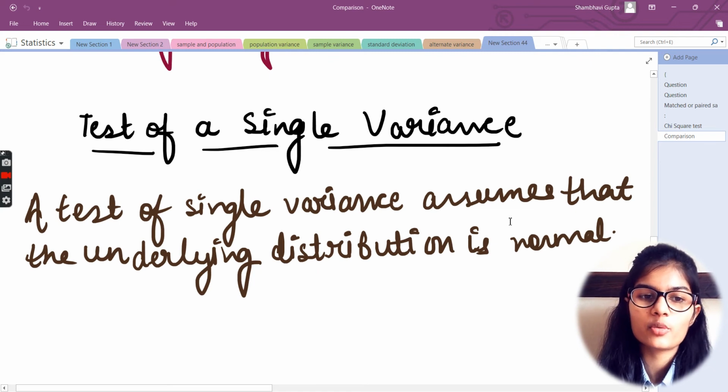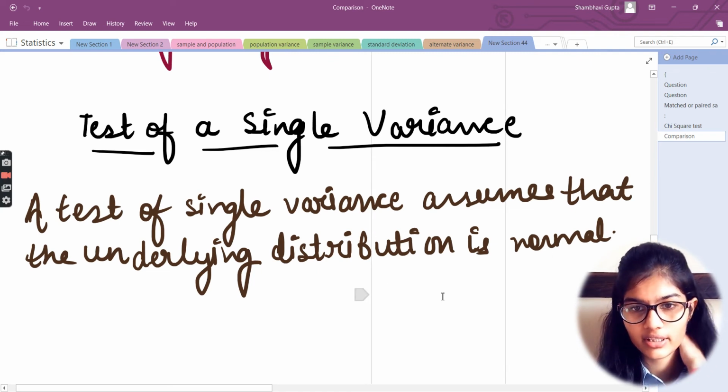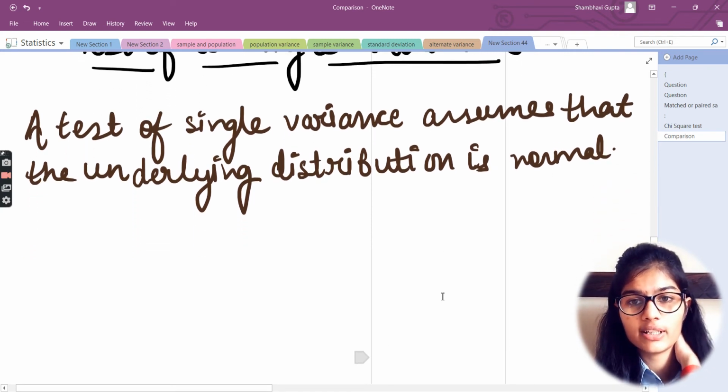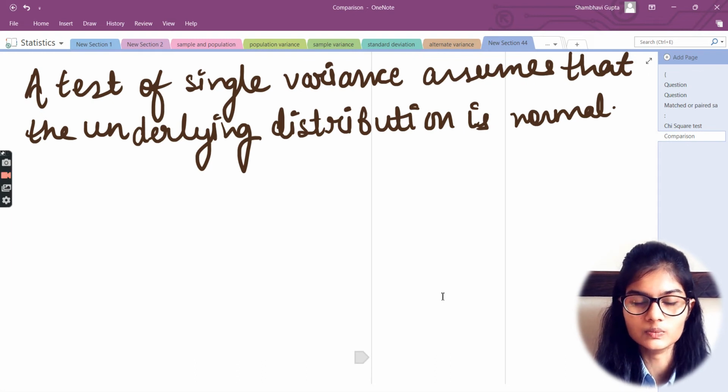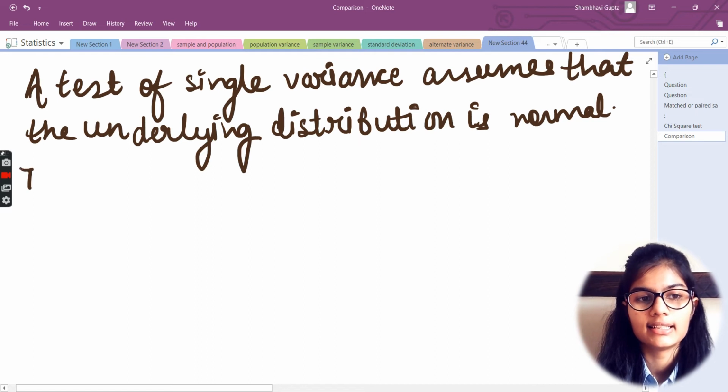Right, so that is basically what this particular test of single variance is used for. The test of single variance assumes that the underlying distribution, the distribution which we are having, is completely of the normal form. Okay.